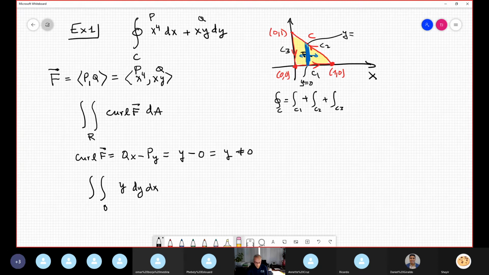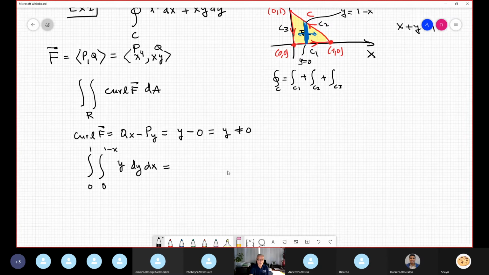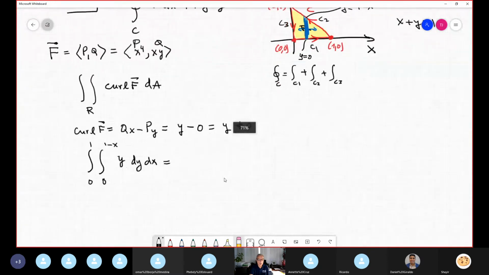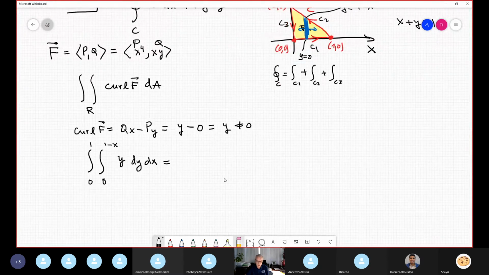The y of this line is 1 minus x, no? Because the equation for this line is x plus y equals 1. You solve for y, it is 1 minus x. Now finally, x extends from 0 to 1. Boom! We compute this double integral. I want to skip the steps because it's too easy for us. This is just arithmetic and basic Calculus 1, and the answer is 1 over 6.